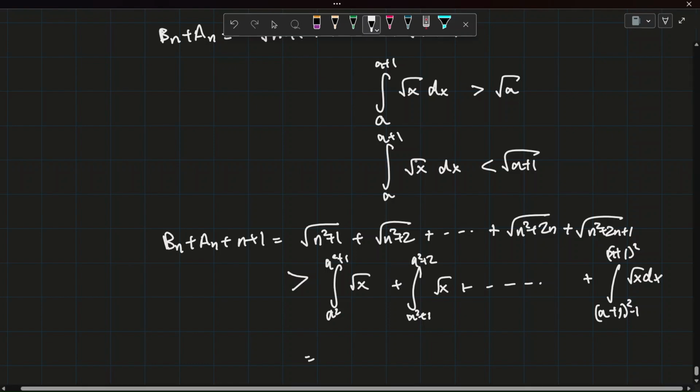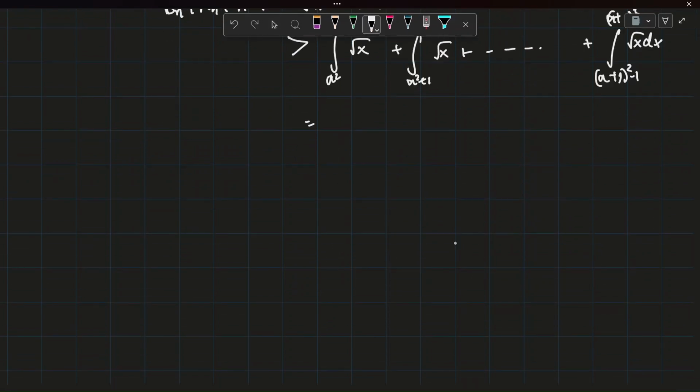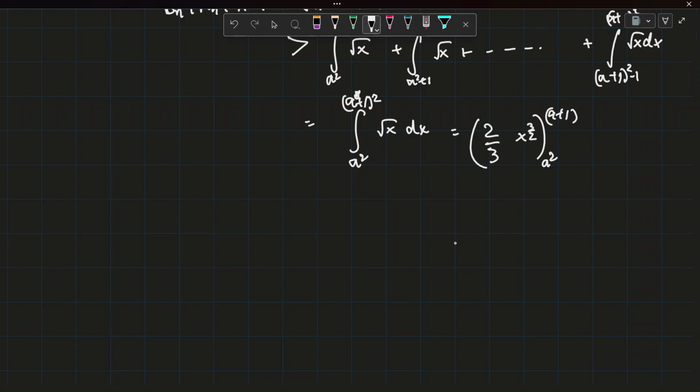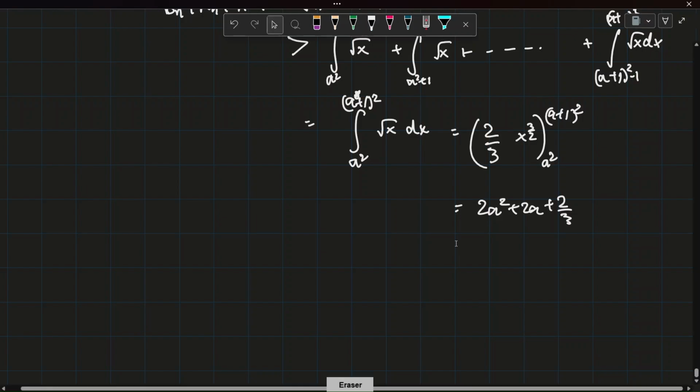And this basically becomes equal to the integral from n squared to (n plus 1) squared of the square root of x dx. If you evaluate this integral, it is equal to 2 by 3 x to the power 3 by 2, with limits n squared to (n plus 1) squared, and this evaluates to 2n squared plus 2n plus 2 by 3. This is what you get.